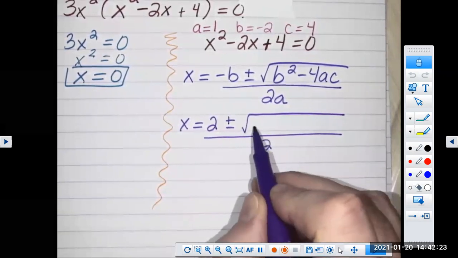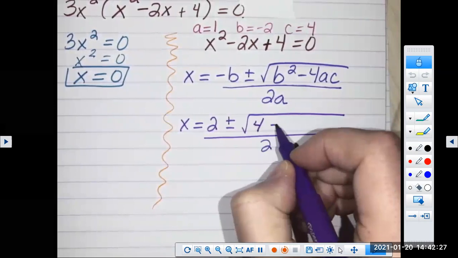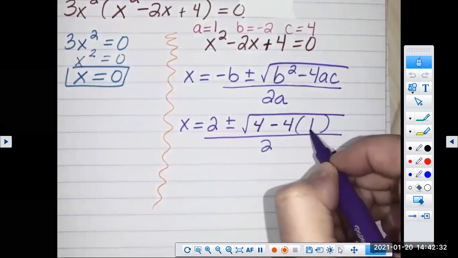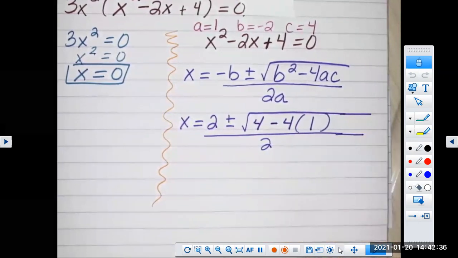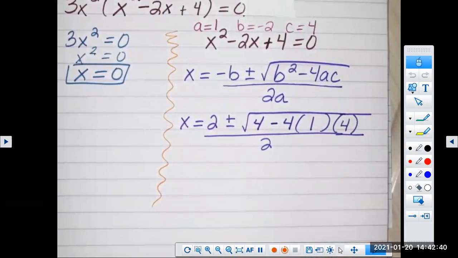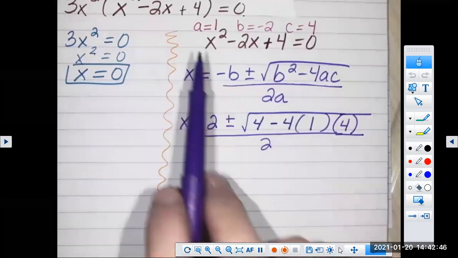Square 2, so I'll give you 4 here, -4 times A, which is 1, times C, which is 4, and that's all divided by 2 times A, which is 1, so you get 2.